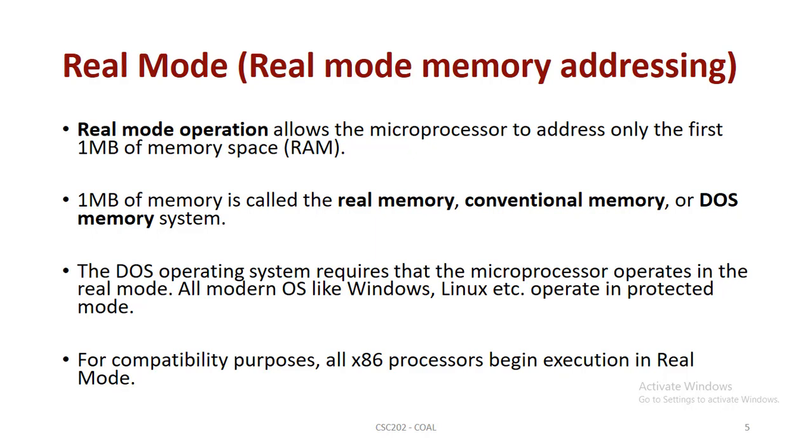So the question that may come to your mind is, why do we still have this mode available in microprocessors? Hold on for a moment, we'll see shortly. However, all the latest operating systems like Windows or Linux actually work in protected mode, which we'll see shortly.